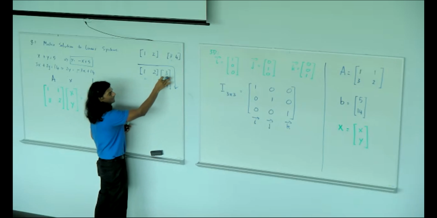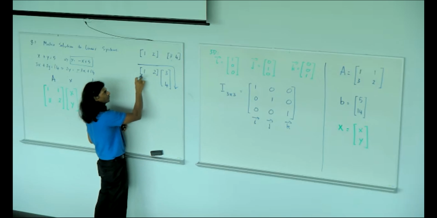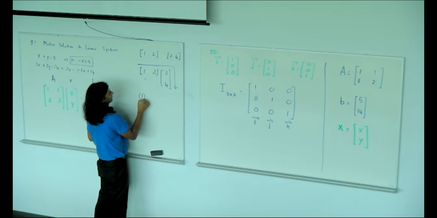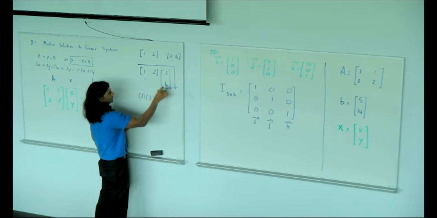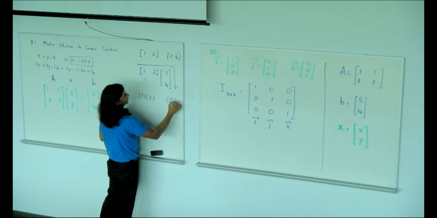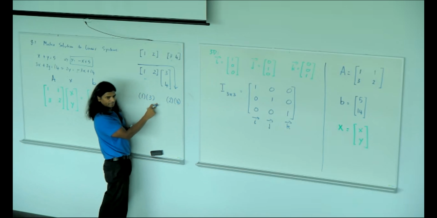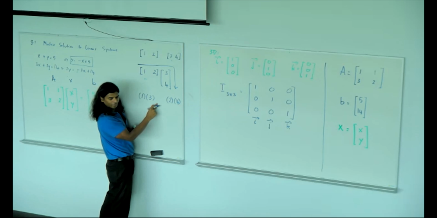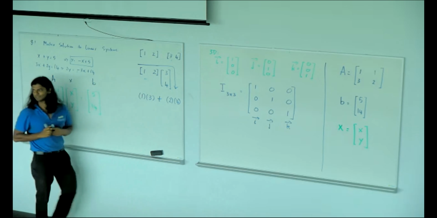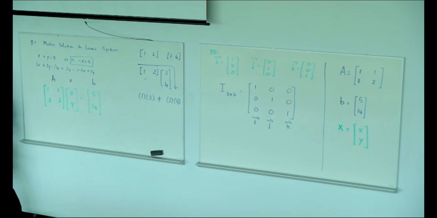You multiply the individual components, 1 times 3, 2 times 4. What goes in the middle? Good.